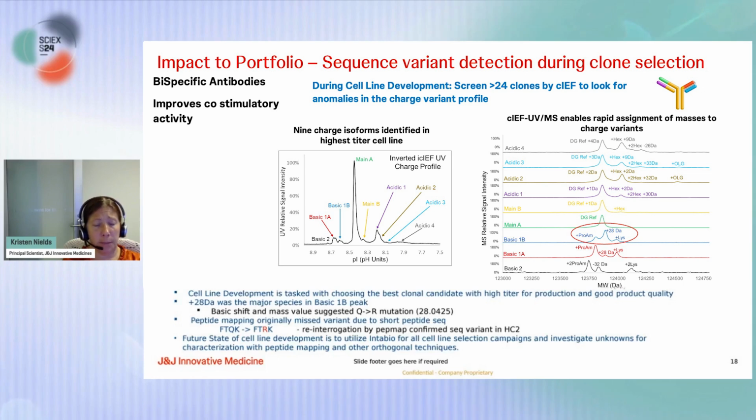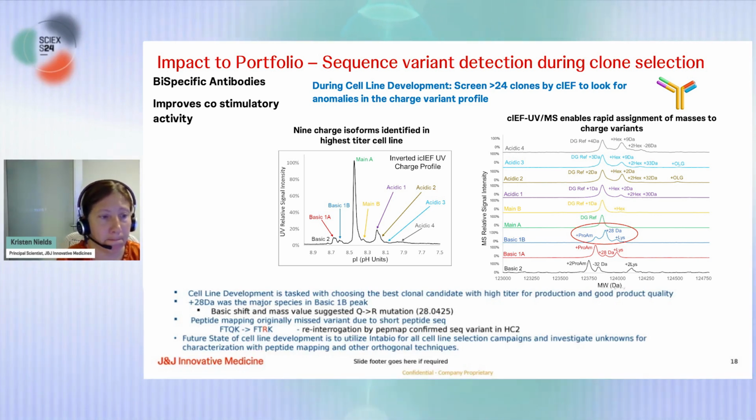It makes sense that it's in the basic region, and then the plus 29. However, the peptide map initially missed it because it is a very short peptide. So it eluded into waste before even capturing it into the UV space.